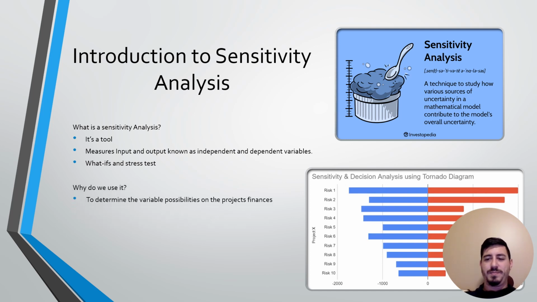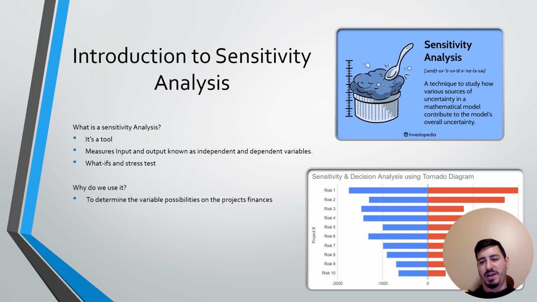So, why do we use it? We use sensitivity analysis to evaluate the impact of changes in variables such as project cost, cash flows, and discount rates on the net present value or NPV of a project. For example, if the cost of a project increases, the sensitivity analysis can show how this change could impact the project's NPV.